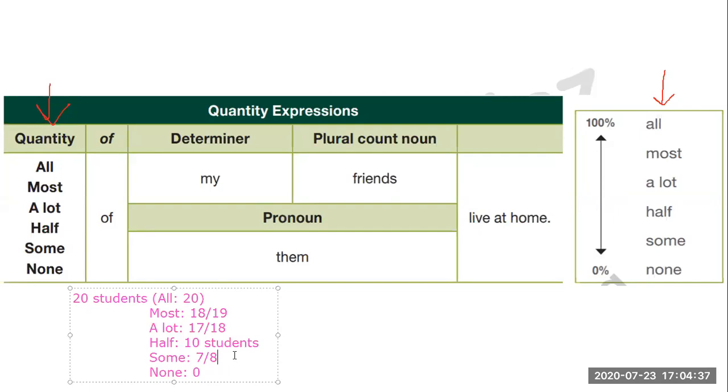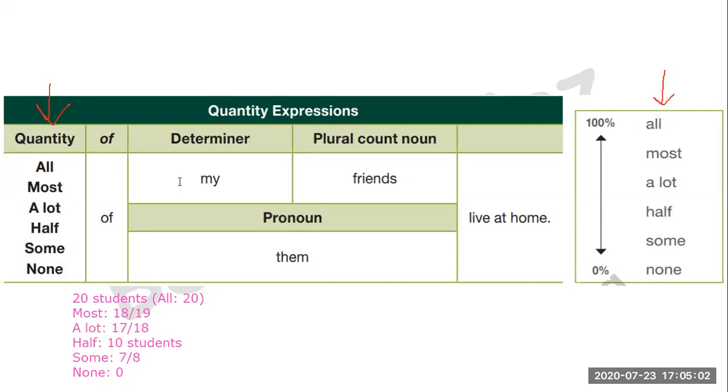Obviously, all is 100%, none is 0. But you can change most, a lot. Half is half, la mitad, that doesn't change. But if you say some, for me, some is 18 students from 20. It depends on how you want to express that, right? Okay. Another thing is that here we have determiners.